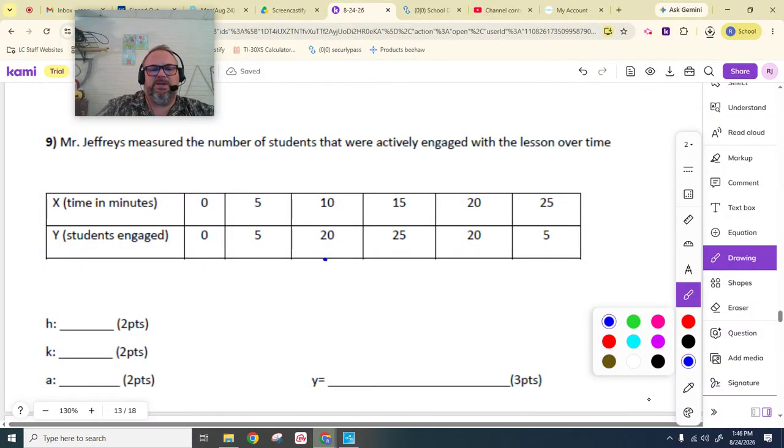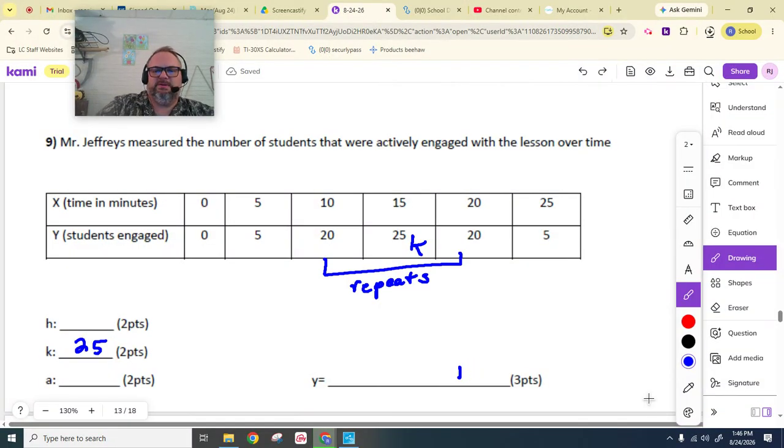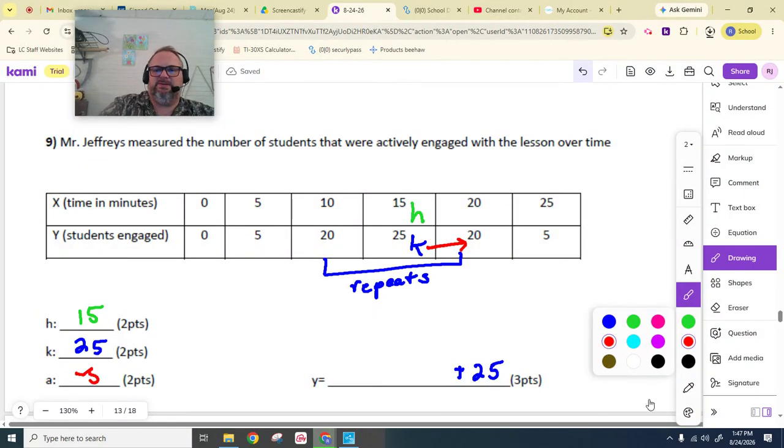All right, so we go right here because this is where it repeats. 25 is our K. Plus 25. Okay. Above K is our H. Now, how do I go from our K value to our next value? -5. That's our A value.